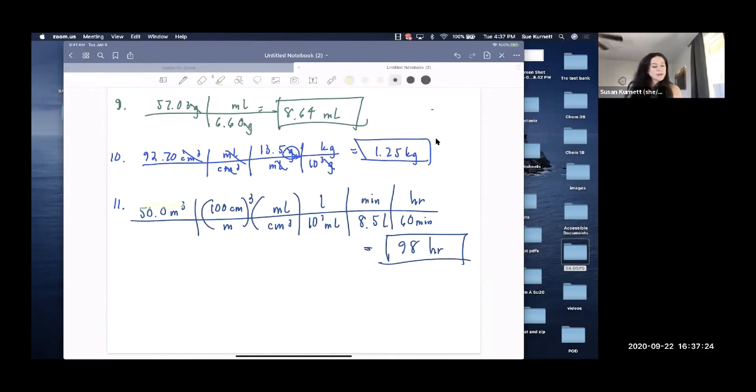So here we're starting with 3 sig figs, and we have conversions that are unlimited until we get to this one. Rates are limited in their sig figs. This one has 2. So 3 sig figs, unlimited sig figs, 2 sig figs. That's a smaller number. We end with 2 sig figs.